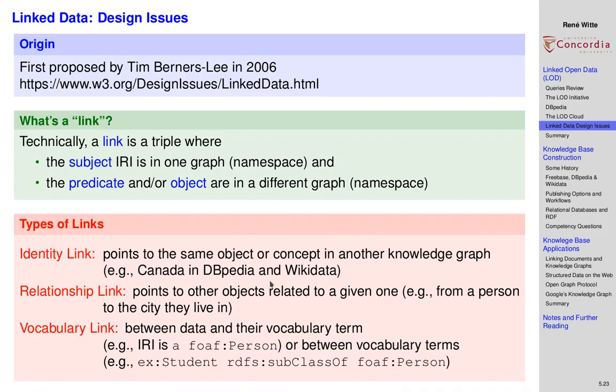You can have a relationship link, where you link objects related to a given one, like from the person to the city they live in.